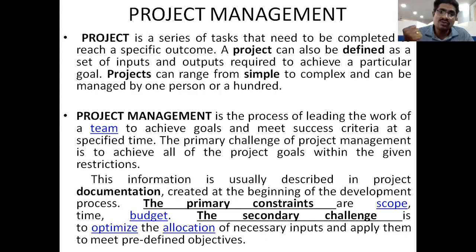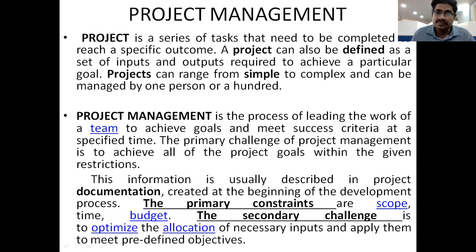These inputs we also need to plan, and also plan the outcomes within a specified time. So we need to plan two things: input and output planning, and future courses of action or future tasks, for achieving the targets of the company, or the accomplishment of a project within a specified time. That is all about a project.